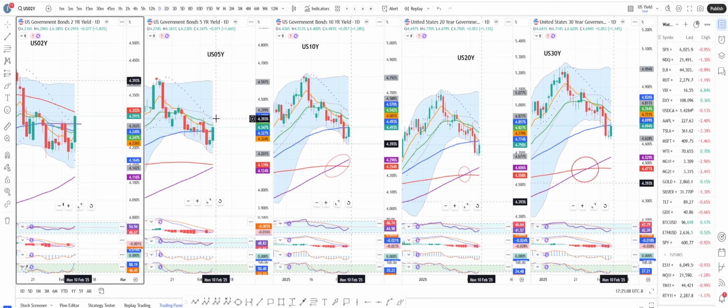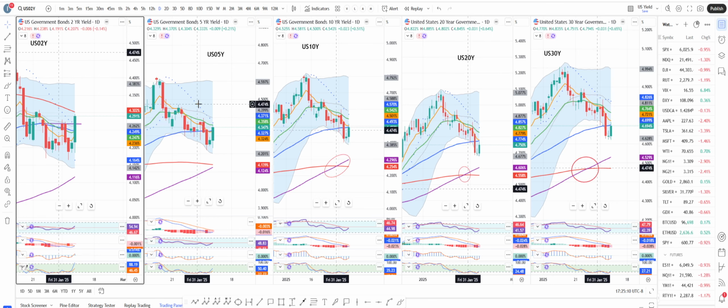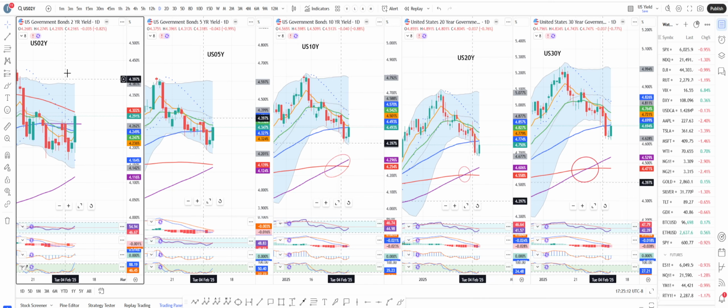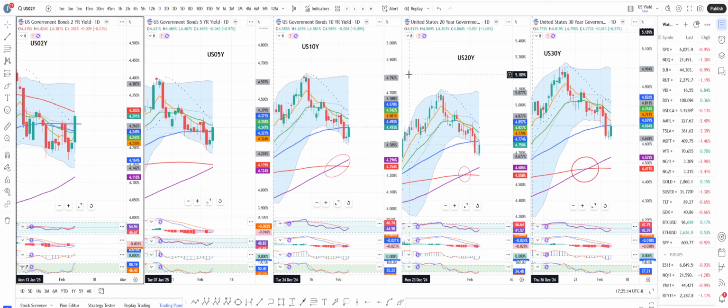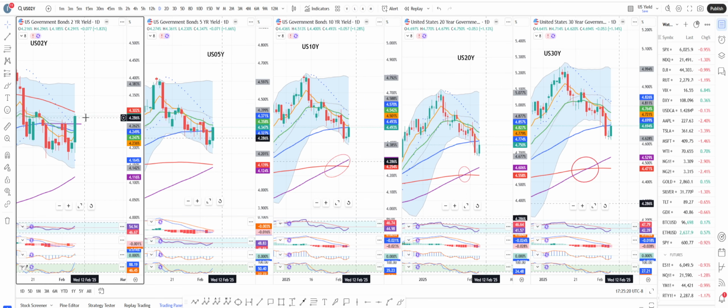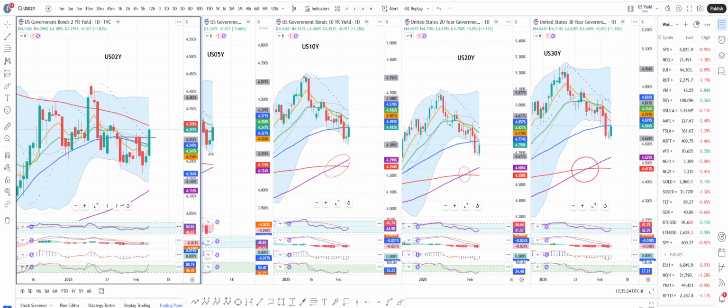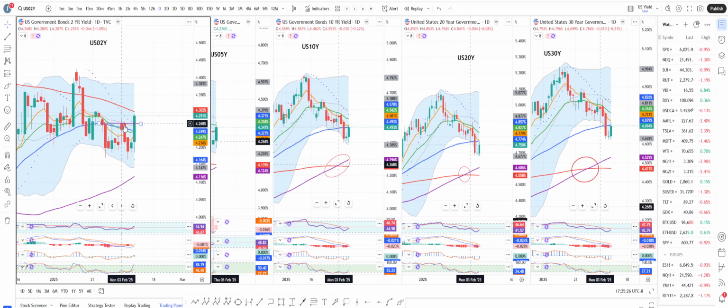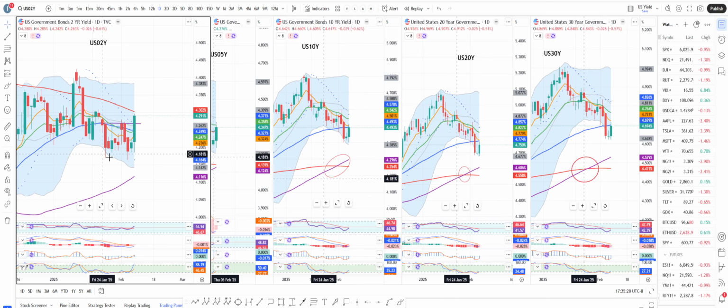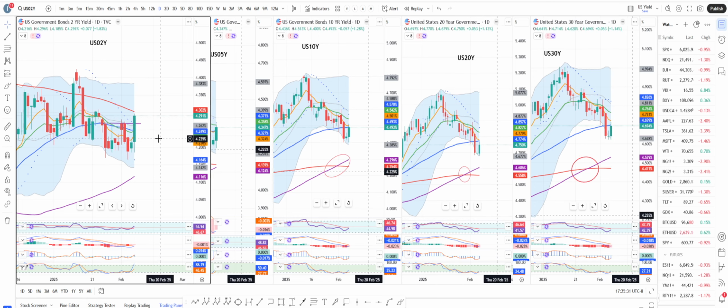This is the yield closure today of multiple years. So we have 2, 5, 10, 20, and 30-year yields. What we are seeing here is kind of unsettling and concerning. First of all, I'd like to bring this up. This is the 2-year yield, and it most likely formed a double top.